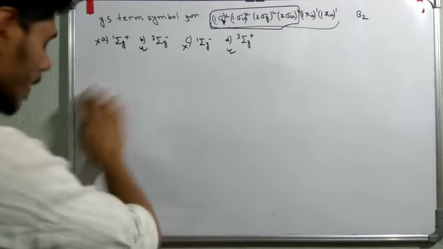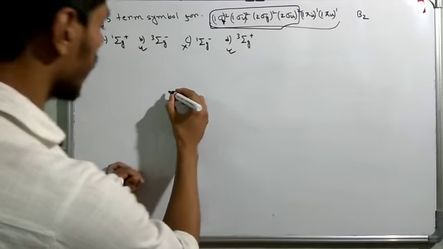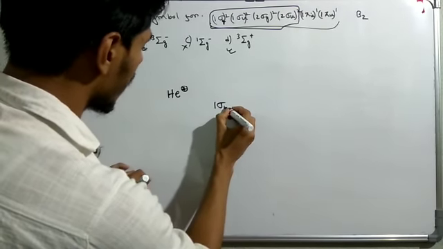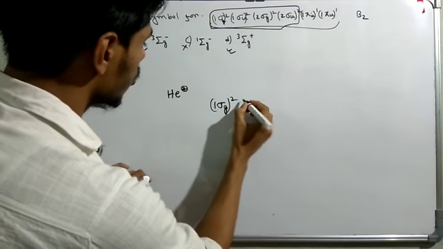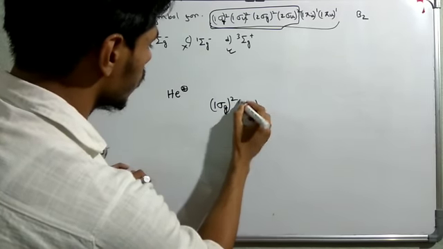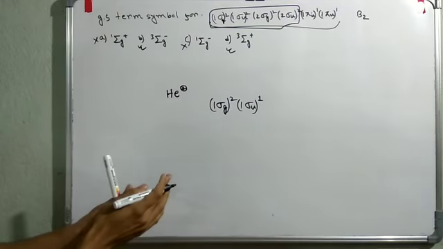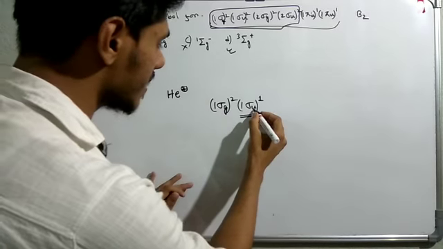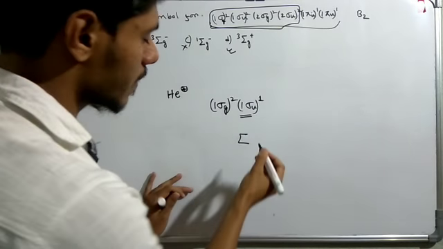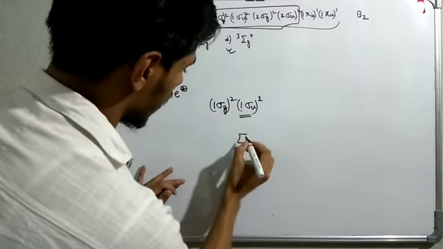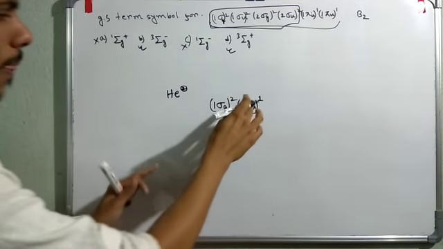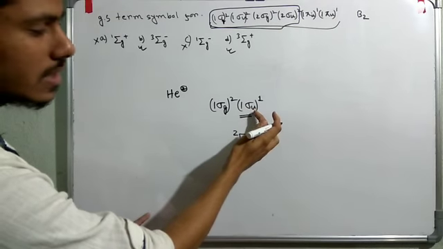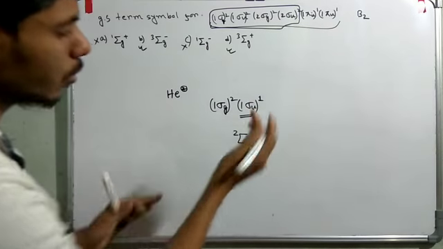If you have a configuration, for example, again we go to helium plus, where we had 1 sigma g 2 and 1 sigma u 1. Here you can see the contributing orbital is the sigma orbital and it has u symmetry. So as the sigma orbital here is u, by default the term will be u, because only one orbital is there.